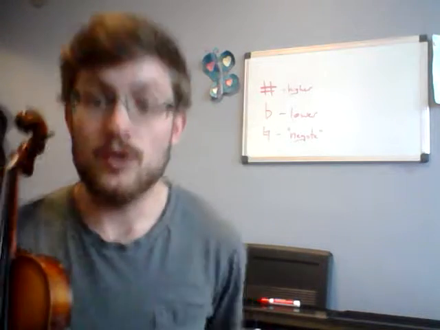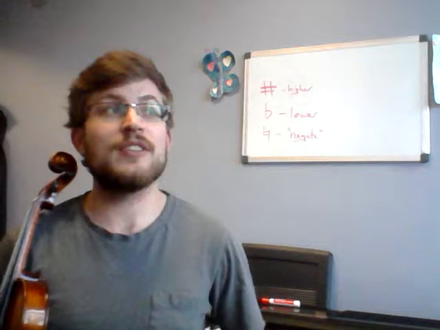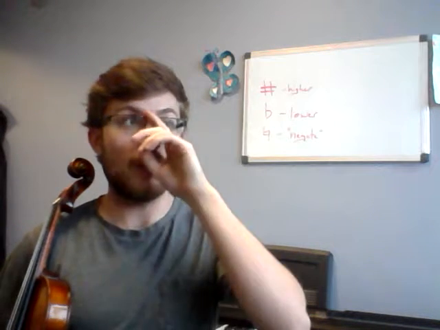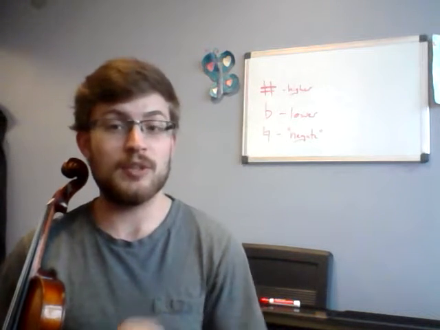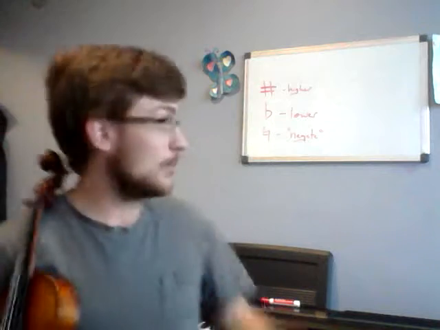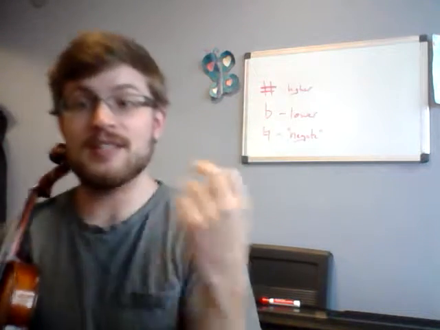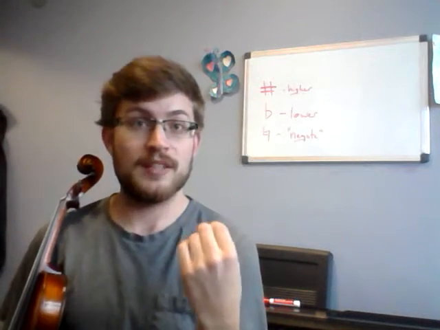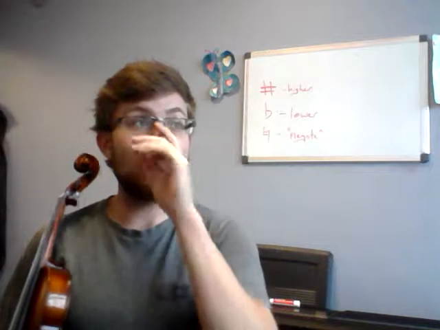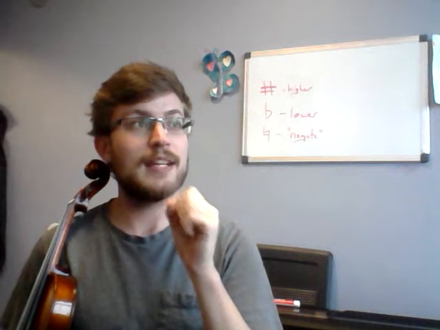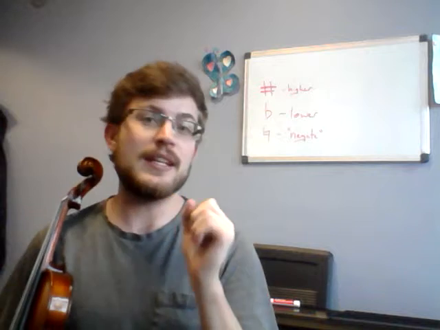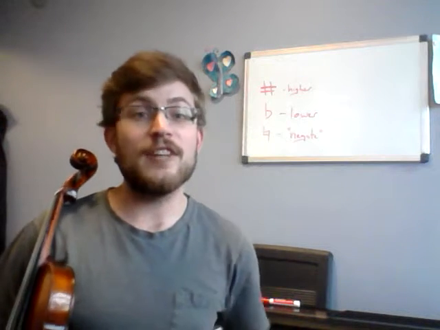So naturals will oftentimes, if you are already playing a sharp note, for example an F sharp, if you get an F natural, what that means is you're going to go back to a normal F. Probably the easiest way to break it down is with our key signature.